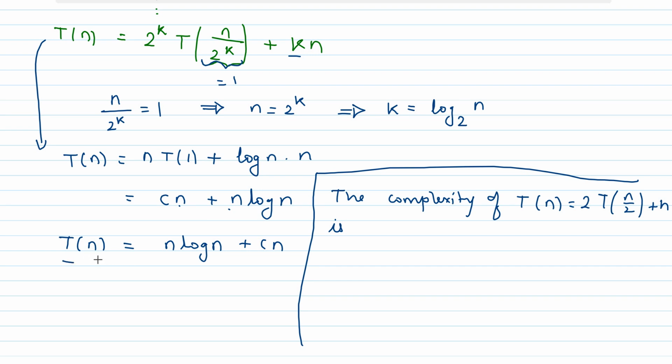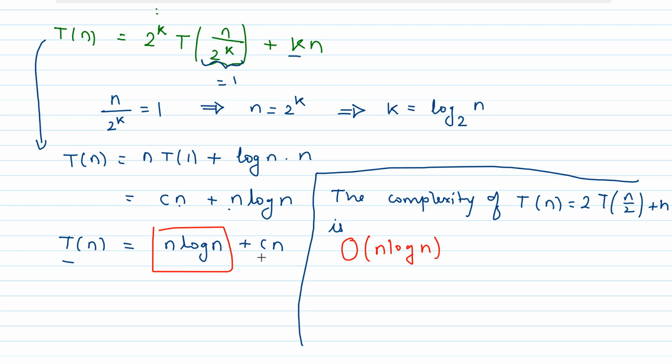I have t of n equal to n log n plus cn, and the highest degree here is n log n. So this will give me big O of n log n.